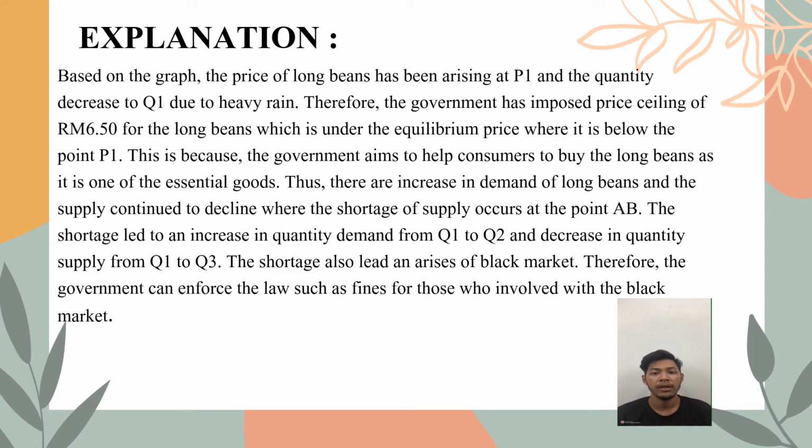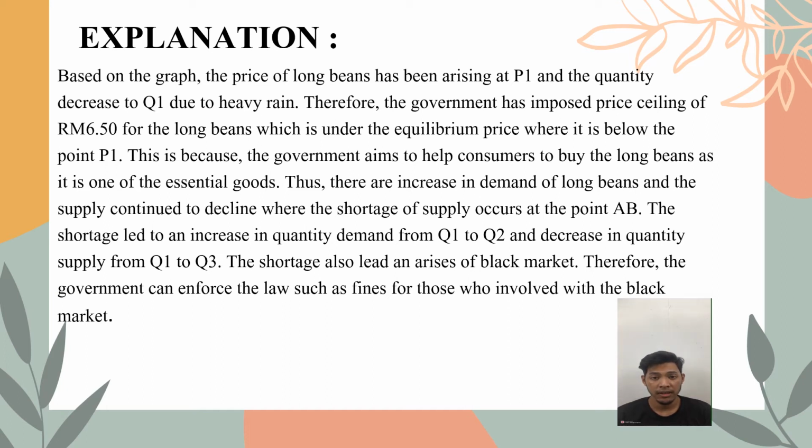This is because the government aims to help consumers to buy the long beans as it is one of the essential goods. Thus, there is an increase in demand for long beans and the supply continues to decline, where the shortage of supply occurs at the points AB.